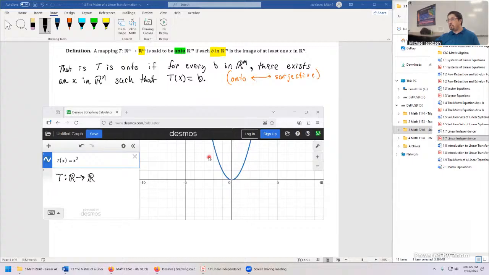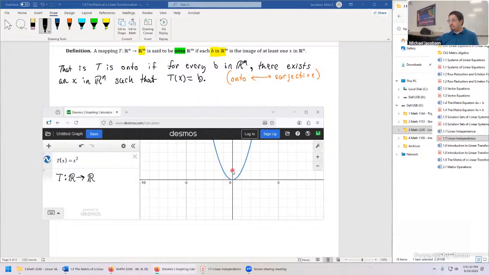This would not be onto because it says I have to satisfy this. For every vector b in Rm, that would be the codomain, the vertical axis, there exists an x in Rn such that T of x equals b. In other words, the square of that x comes out with whatever number is right over here. If I plug in a number that's negative, that's not going to work out for us.